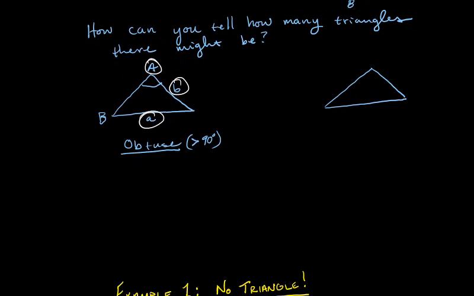If you're given side, side, angle, if the opposite side is less than the adjacent side, then what's going to happen is there will be no triangle.